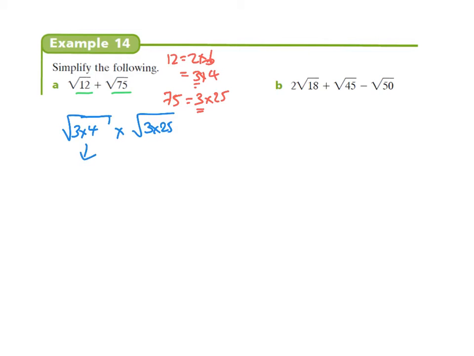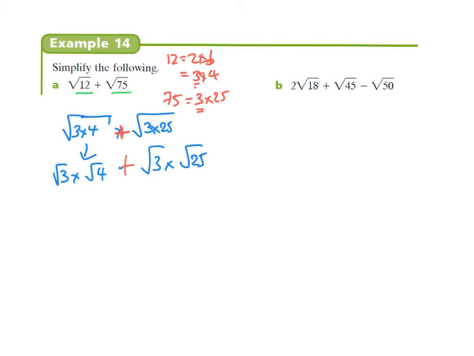This guy here, we can split that up as square root 3 times square root 4. And there should be plus, and we're adding that to square root 3 times square root 25. If we look again across this expression, what we've done is expanded each of those expressions out.